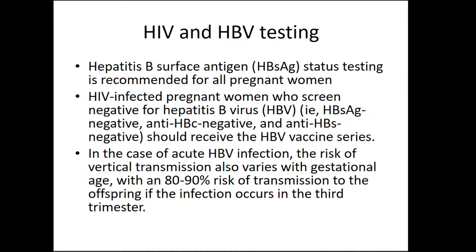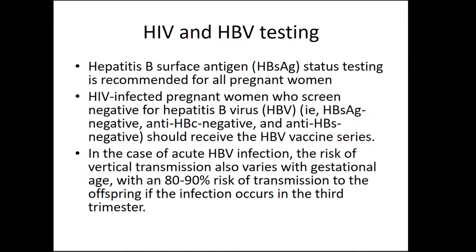HIV-infected pregnant women should be screened for HBs antigen, we call it Australian antigen, and they should receive the vaccine series during pregnancy if they are negative.